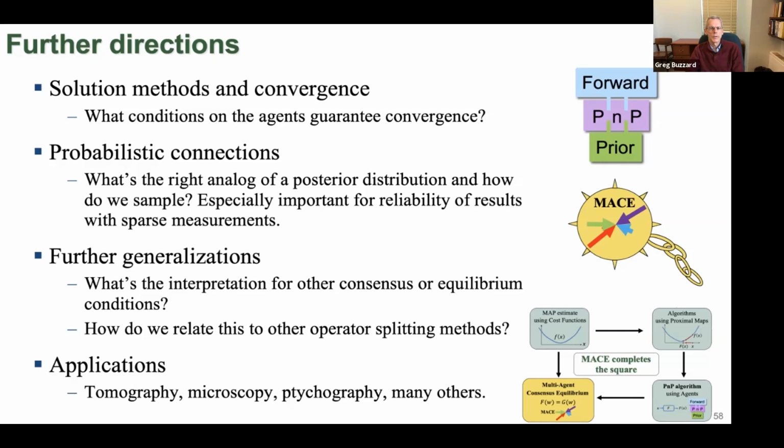In some sense, you could think of this as a generative or sampling framework that goes along with our formulation of the problem. And this is especially important because there are some recent results by Ben Adcock and others about the inherent instability of deterministic inverse reconstruction methods when your measurements are sufficiently sparse.